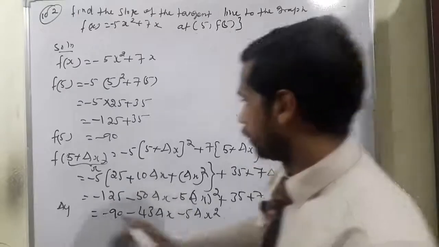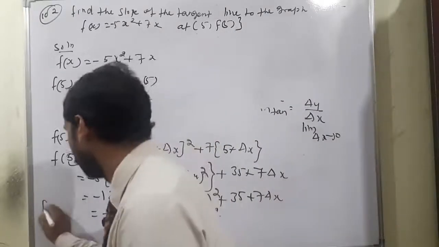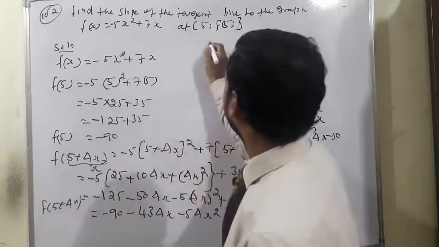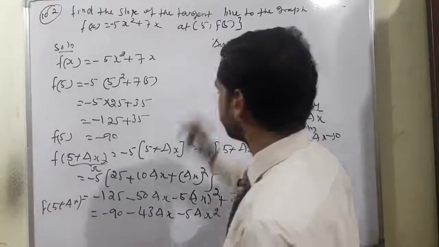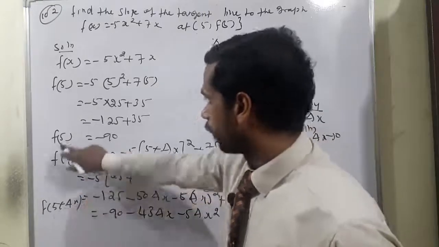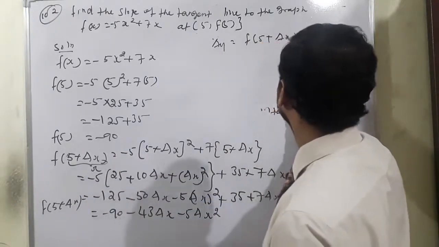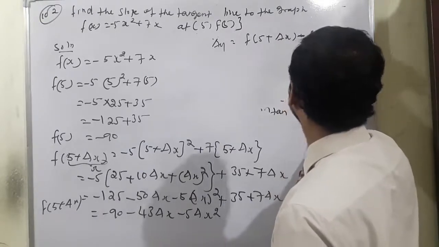This is not del y, this is actually f of 5 plus del x. Now I am moving to del y. So del y means f of the term minus f of 5. So f of 5 plus del x minus f of 5.